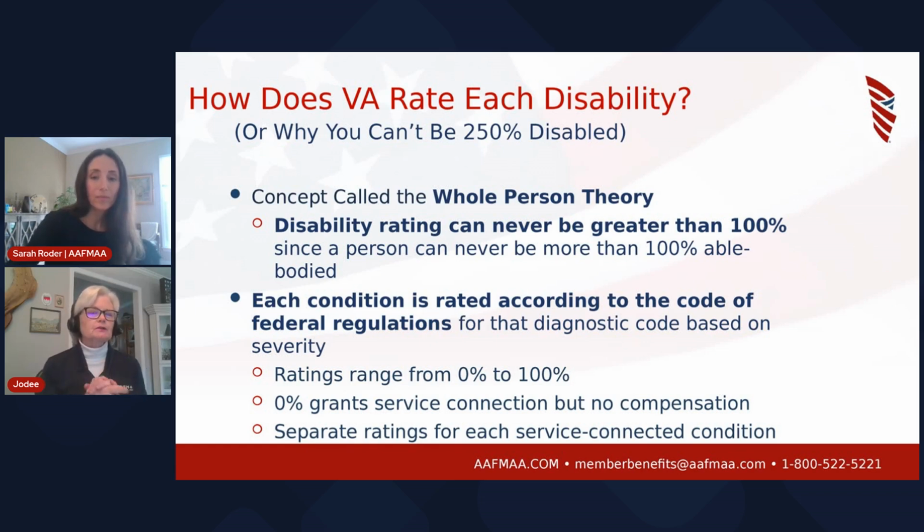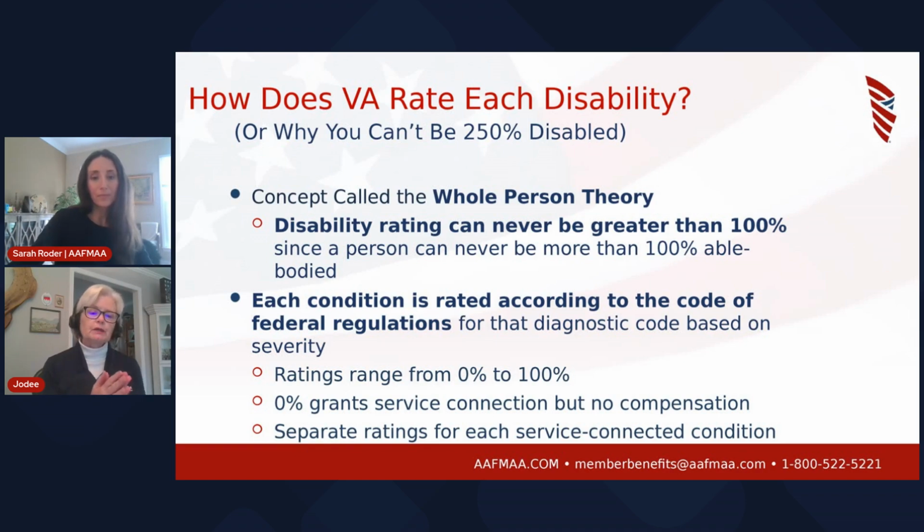I also want to point out that a 0% rating by the VA is very important. A lot of times I get questions about, I got 0%. Why did the VA deny this condition? It didn't. The VA granted service connection for that condition, and that's why they assigned a percentage. But what they're saying is right now, the level of severity is not severe enough that it warrants disability compensation.